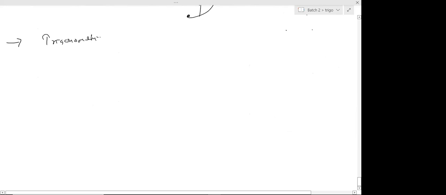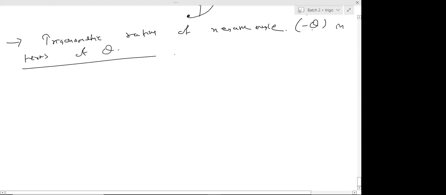Trigonometric ratios of negative angle minus theta in terms of theta. All right, we have to do something to remove the negative sign. What happens if we have sine of negative theta, this we can write as negative of sine theta.